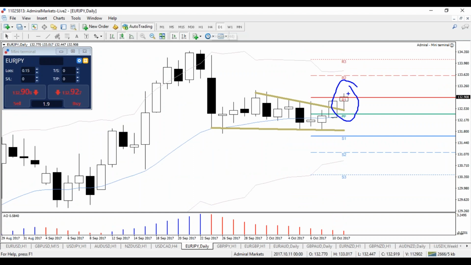I would like to see probably the high at least above 133.50. Oh, wait, that's really far, I guess. Maybe not that high. That seems to be a bit big, but these have been really small candles, actually, for the euro yen.